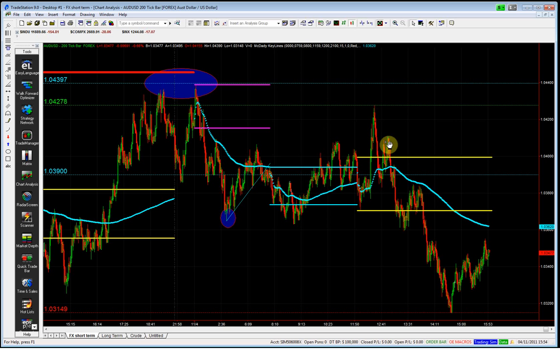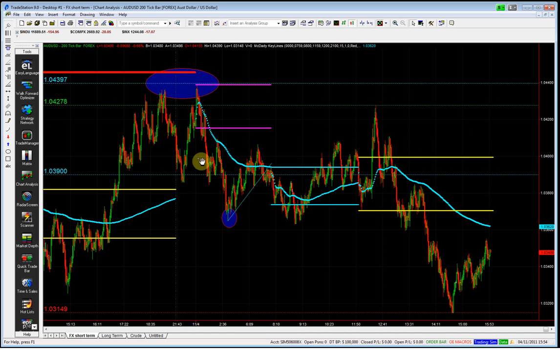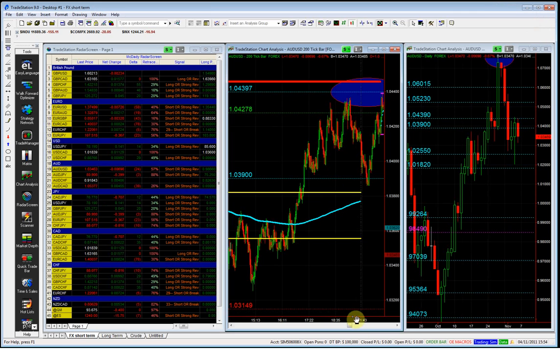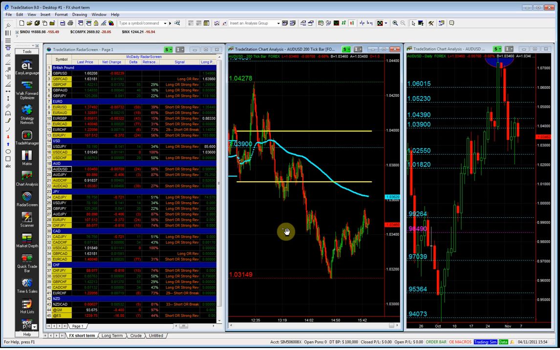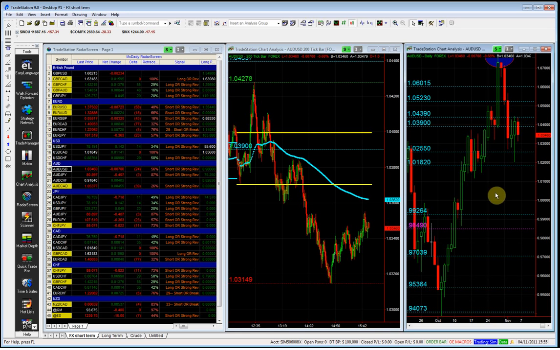We don't want to give the market too much room to revert back in towards the 103.90, which is attracting the price action a lot. So 104.39 then, the daily and the 200 tick long point, structural and the short-term long point.